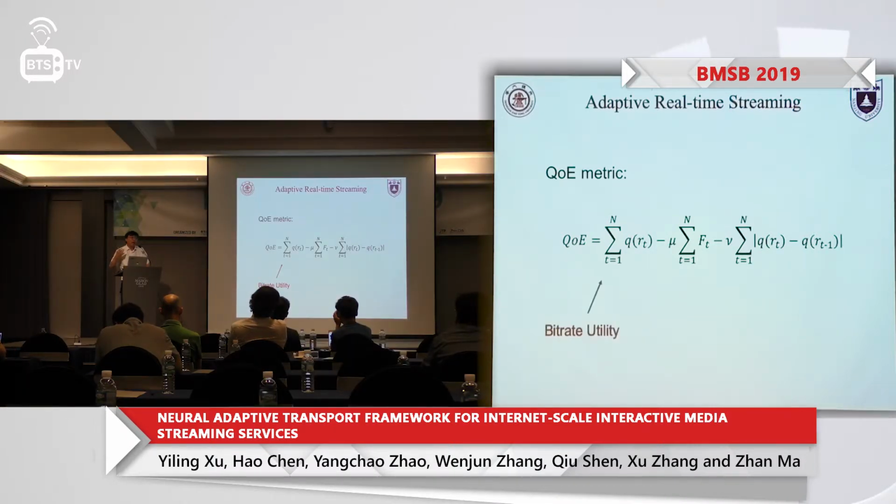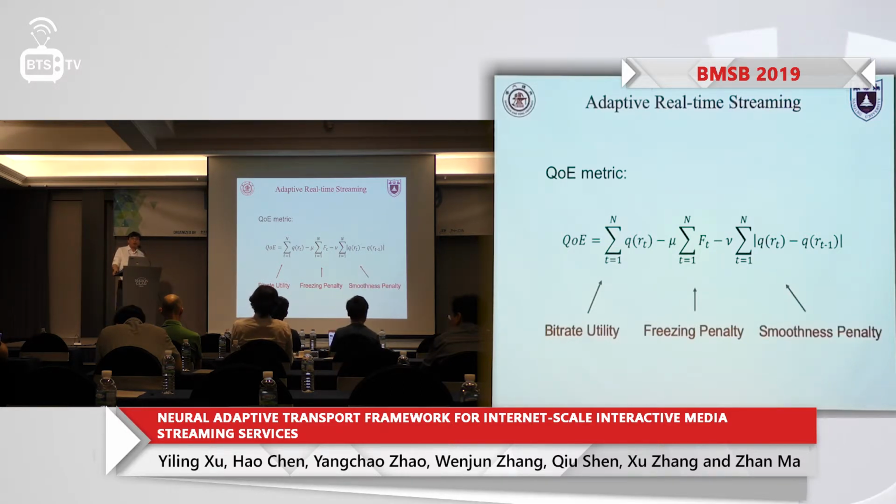Usually a high bitrate means high quality; this is a very fundamental intuition. We also have a freezing penalty: when you play the stream, you will feel bad if the program freezes. And we also have a smoothness penalty: you can't enjoy a program with large fluctuation. That will degrade your perception a lot.